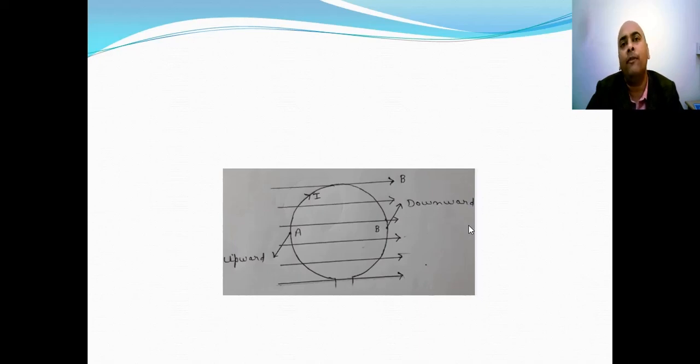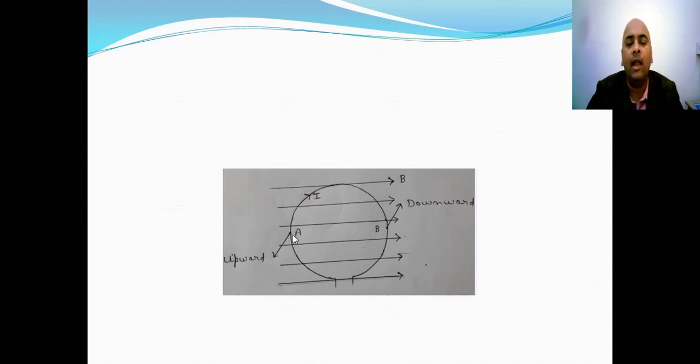For the given direction of currents and for the given direction of magnetic field B, the direction of force at point A is upward and the direction of magnetic force at point B is downward.